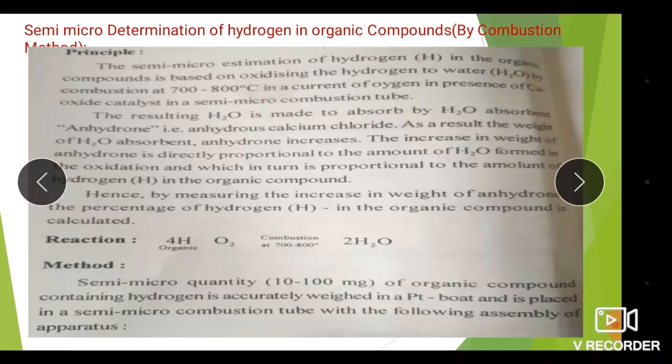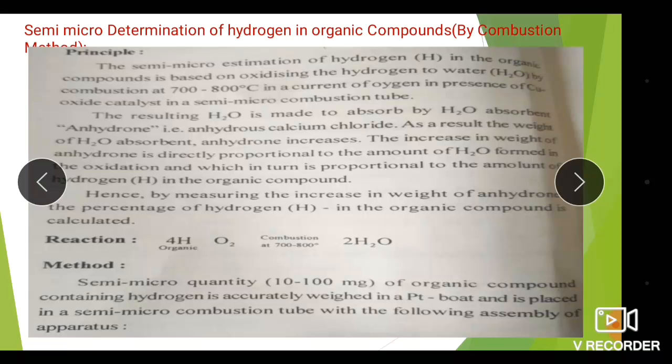Then second, here is the semi-micro determination of hydrogen in an organic compound by the combustion method. What is the principle? The same principle is there for hydrogen, for the estimation of hydrogen in the given organic compound. So what is the principle?